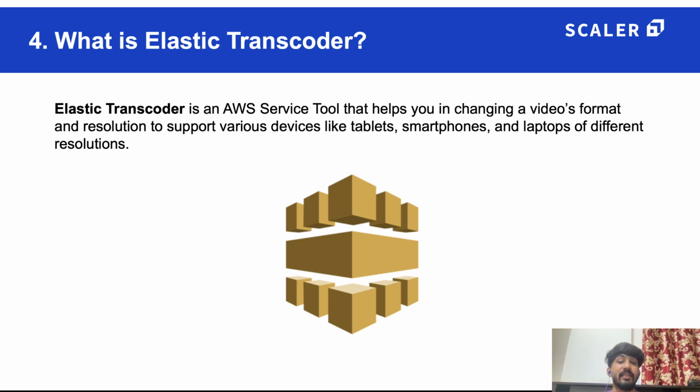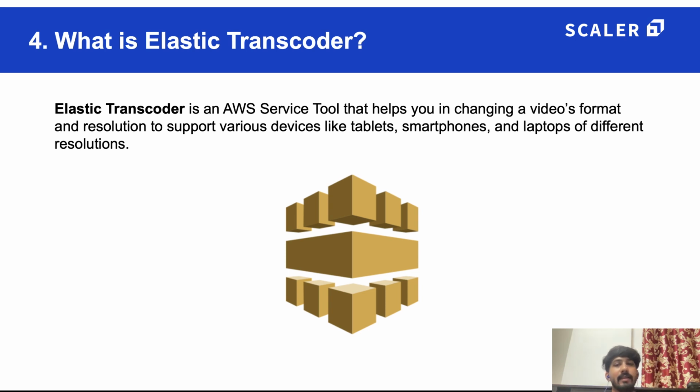Next is what is Elastic Transcoder. So Elastic Transcoder is an AWS service that helps you in changing a video's format and resolution to support various devices like tablets, smartphones, and laptops of different resolutions. For example, let's say you're creating an application and in that application you want a video streaming platform.